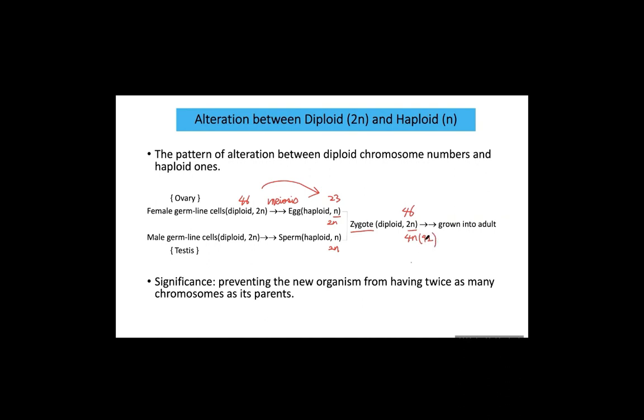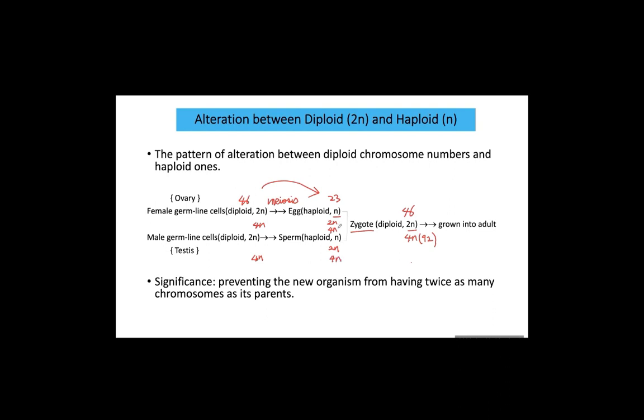Okay, when this adult grows up, and in the next generation, this person has 4N, and the other partner also has 4N. If there's no reduction in chromosome number, then the gamete will also have 4N, and here's 4N.